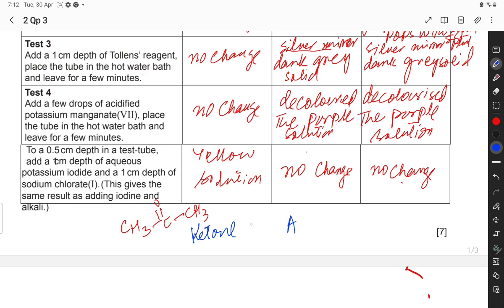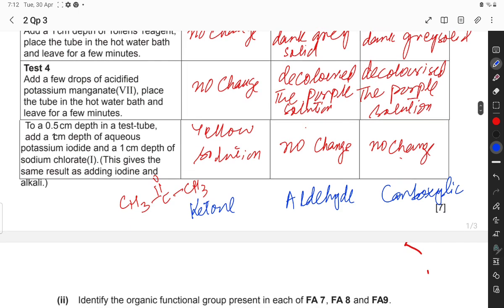This is aldehyde, and this is carboxylic acid. And if there is no positive observation with this test, to a 0 cm depth in a test tube, add a 1 cm depth of aqueous potassium iodide and 1 cm depth of sodium chloride.